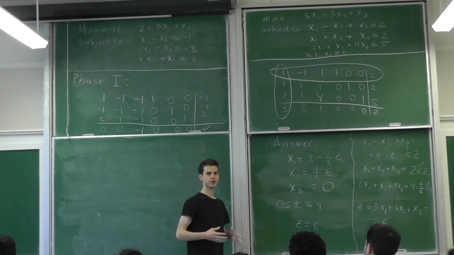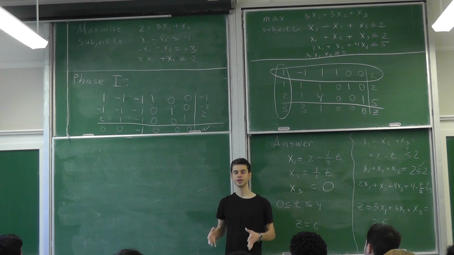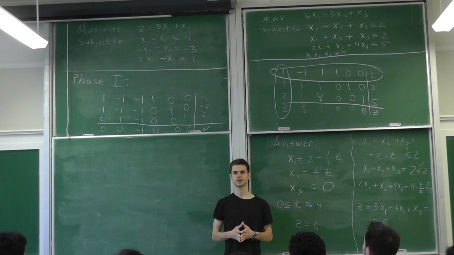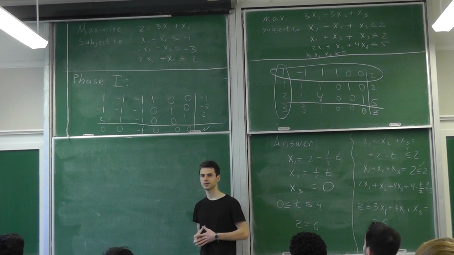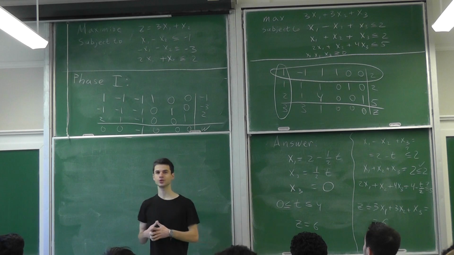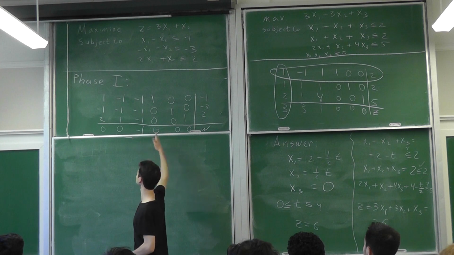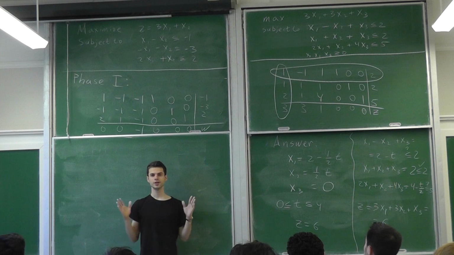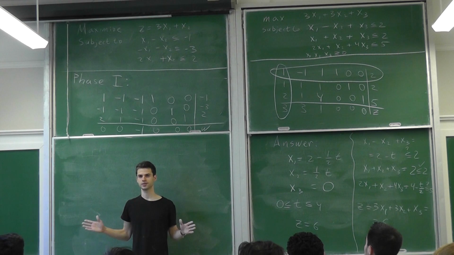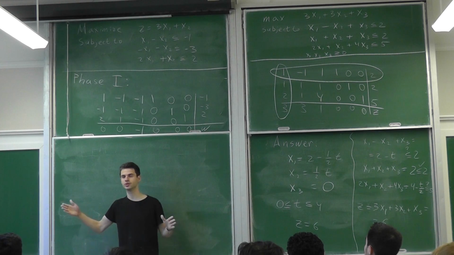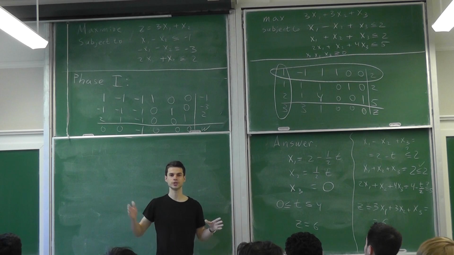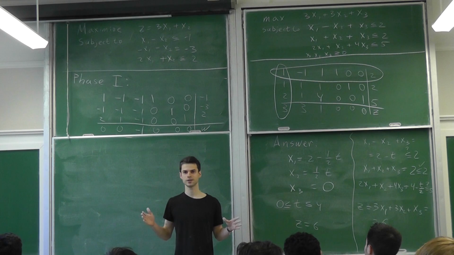Which variable will I try to increase to make my solution feasible? Well, luckily for us, we don't have to think. We don't have to look at this whole table. It is x3. It is always the variable which corresponds to the amount by which we relax the constraints.